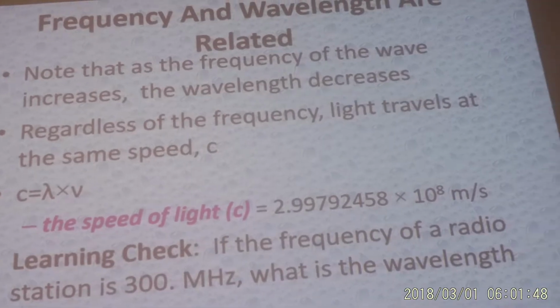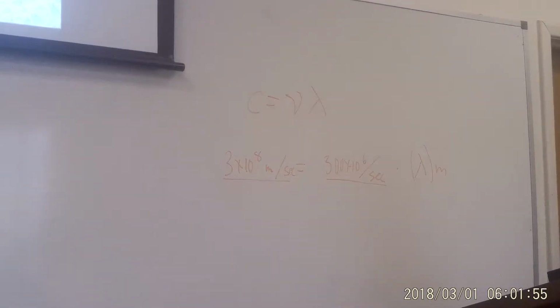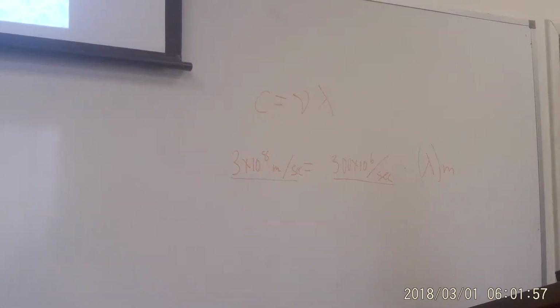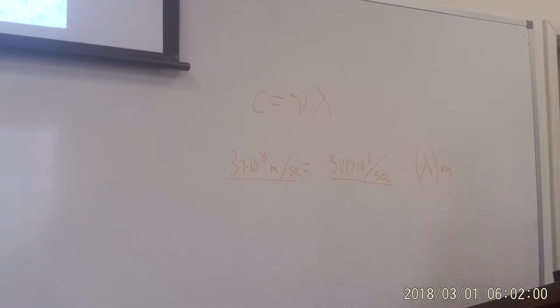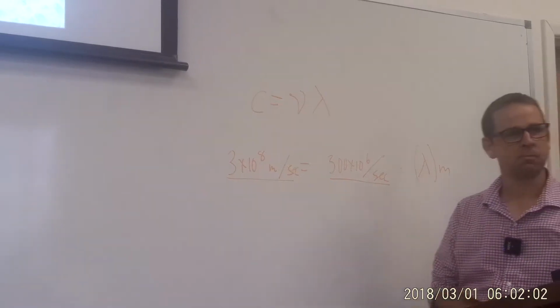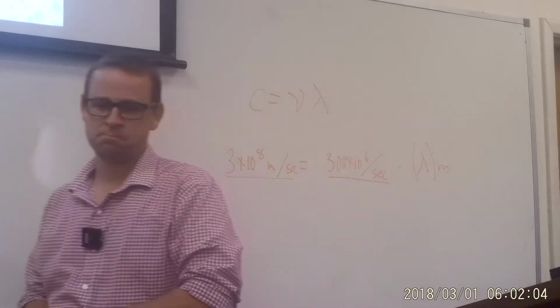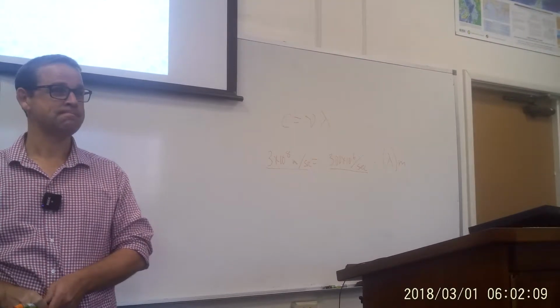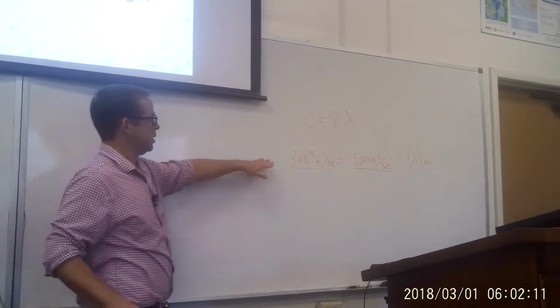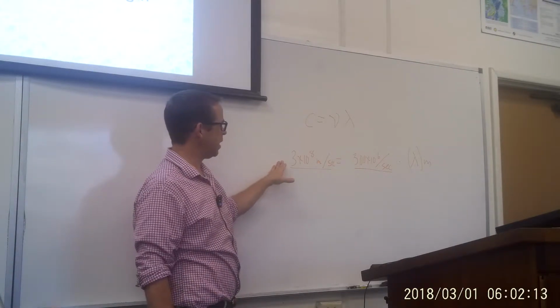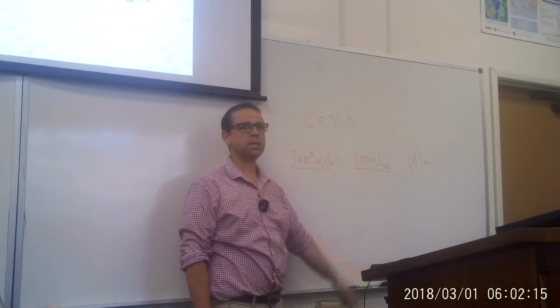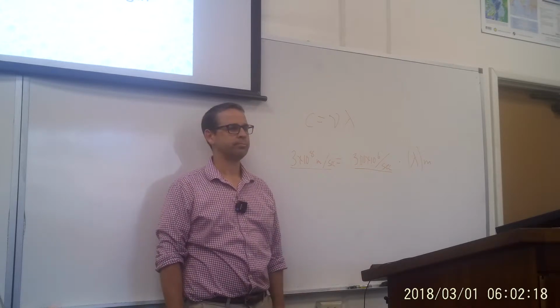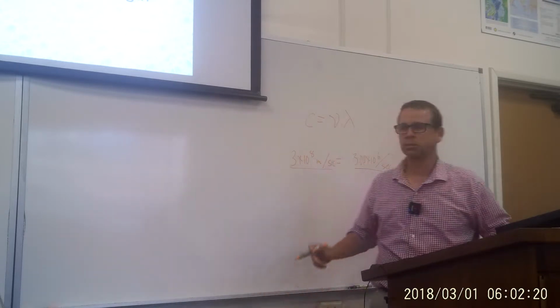All right. What did we get? You had the right answer, but the decimal place in the wrong spot, right? It's a good practice for your calculator. 3 times 10 to the 8th divided by 300 times 10 to the 6th, which is also essentially what?